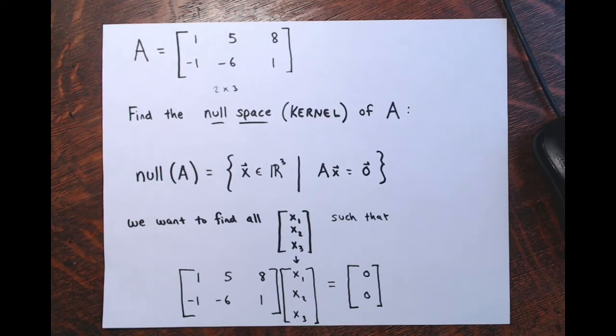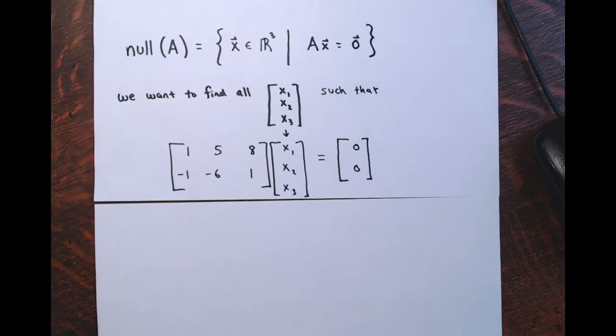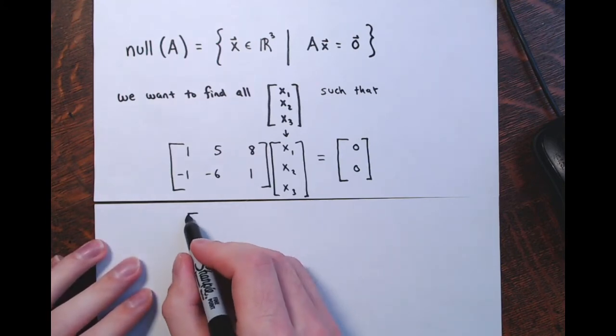And do you see how it's just solving a system again? So we're solving for these x1, x2s, and x3s. Well, like I tend to do with matrix equations like this, I'll express it as an augmented matrix.